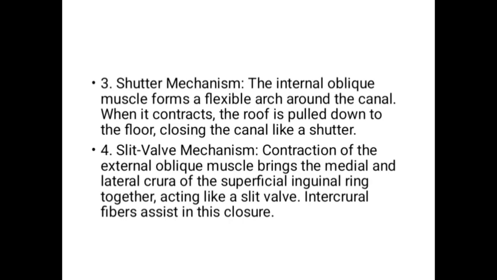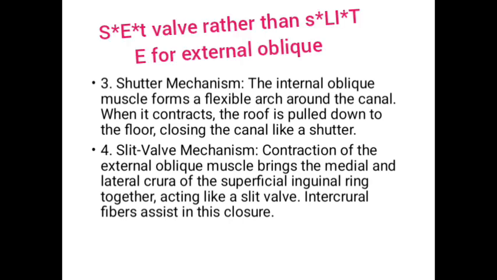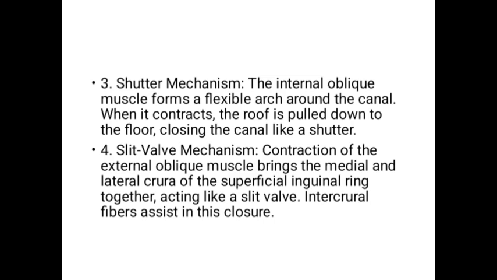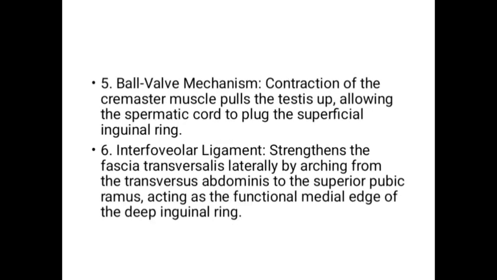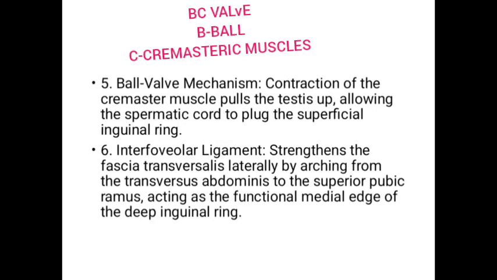Then the next mechanism is the slit valve mechanism. The contraction of the external oblique muscle brings the medial and the lateral crura of the superficial ring together, acting like a slit valve. So the intercrural fibers assist in the closure of the slit valve mechanism. The next mechanism of protection is the ball valve mechanism.